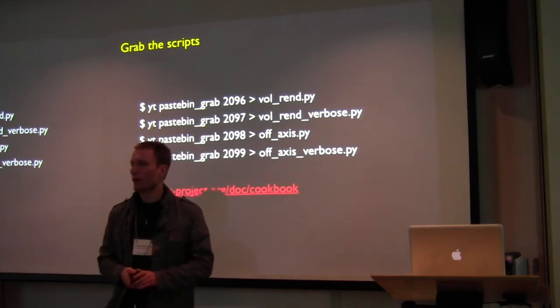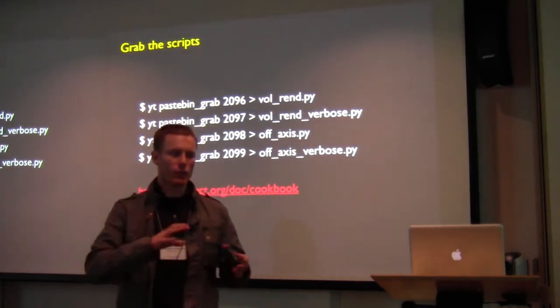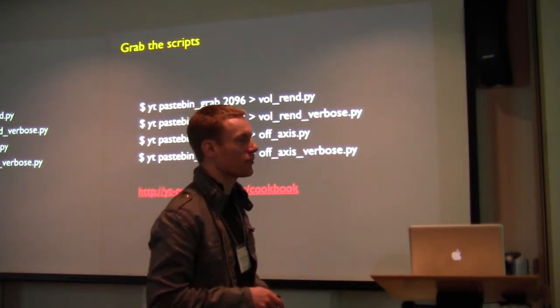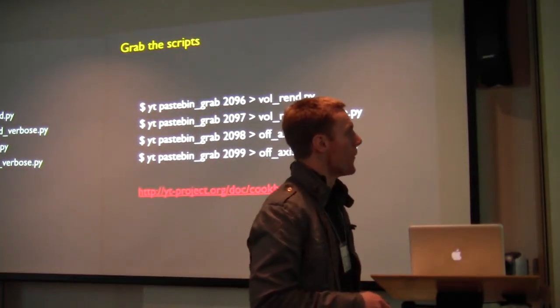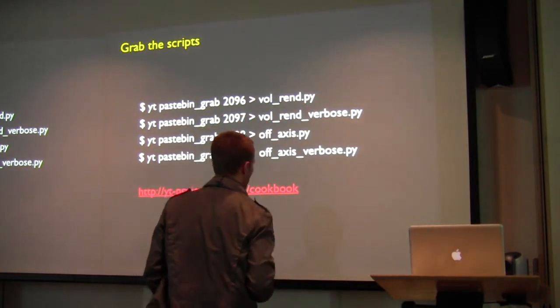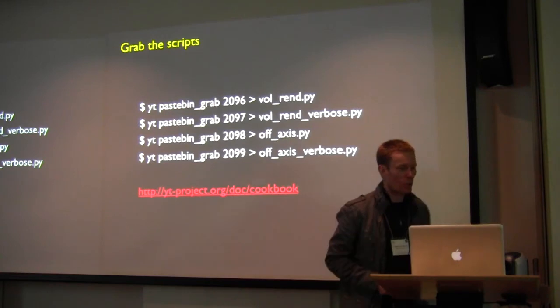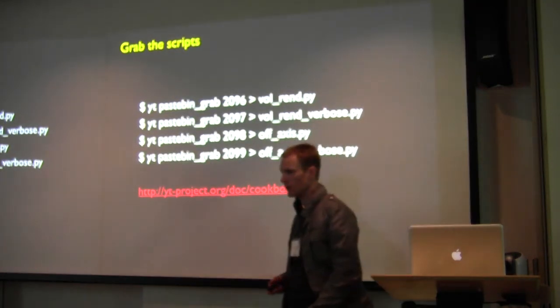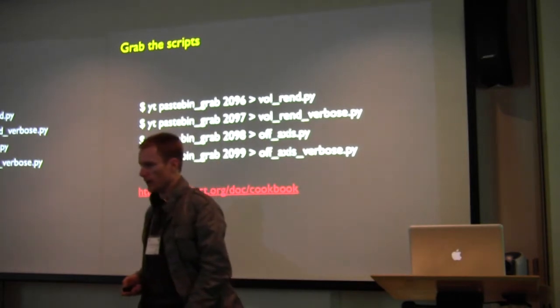So again, from that same directory, the external directory in which your data sits, run these commands. I'm sorry, it's a little tedious. But this will give you the 4 scripts that we'll be able to play with a bit and follow along and be able to do some cool volume renderings and off-axis projections.